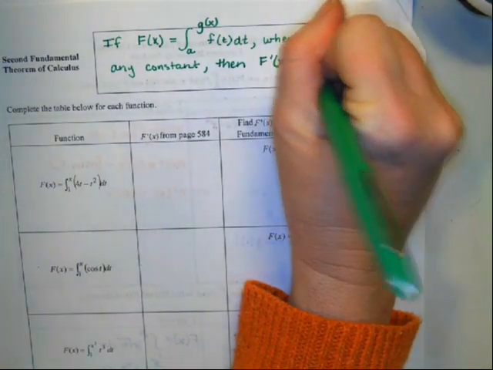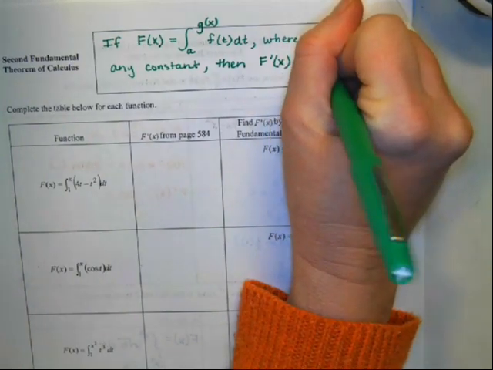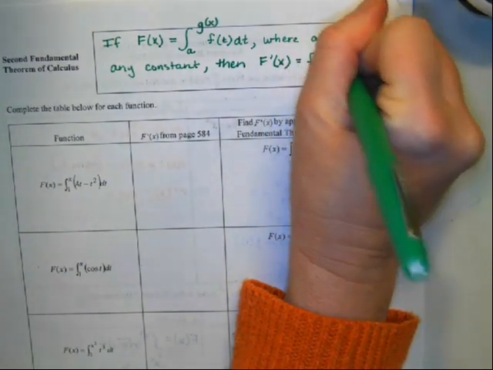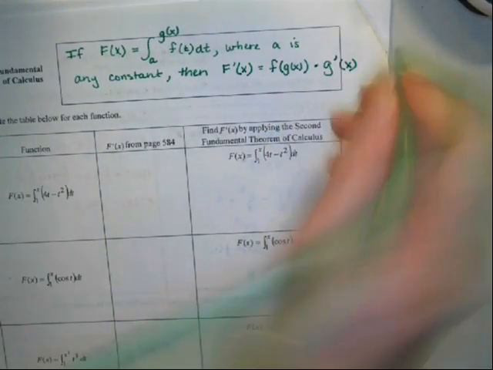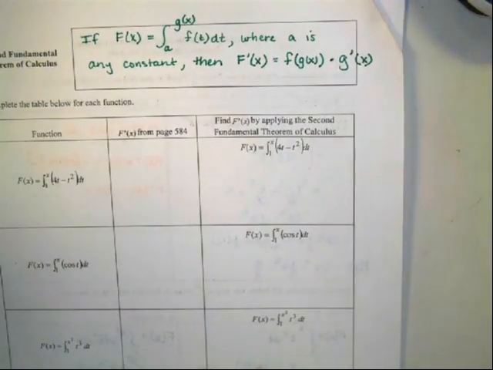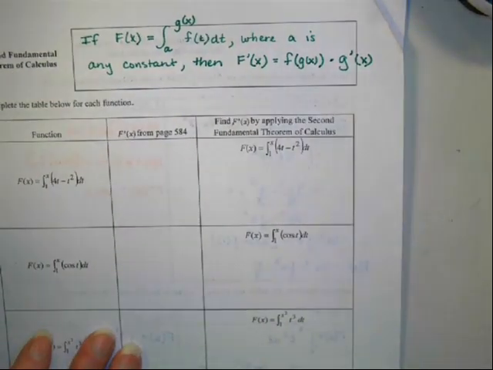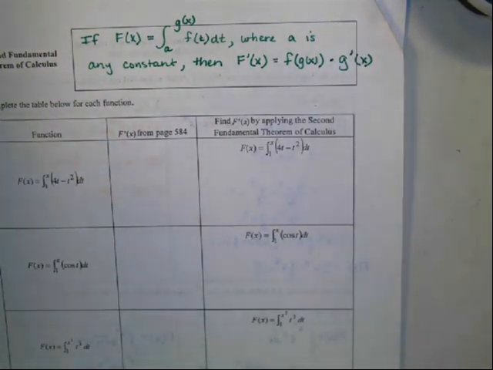It's going to be f of g of x times the derivative of that bound, the derivative of g. It's like chain rule. We're chain ruling our boundary though, not our actual function.